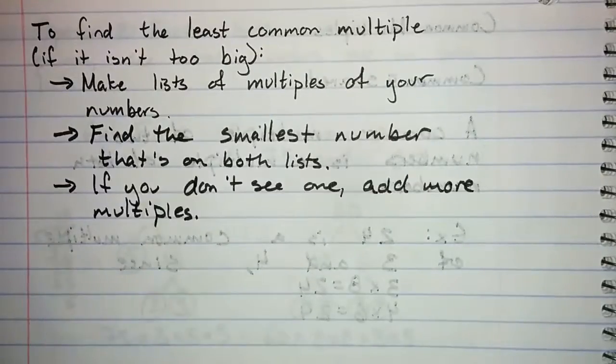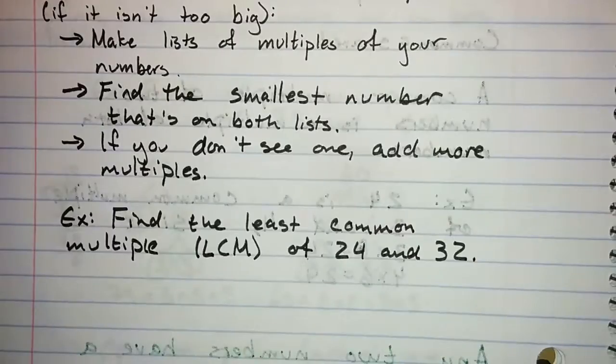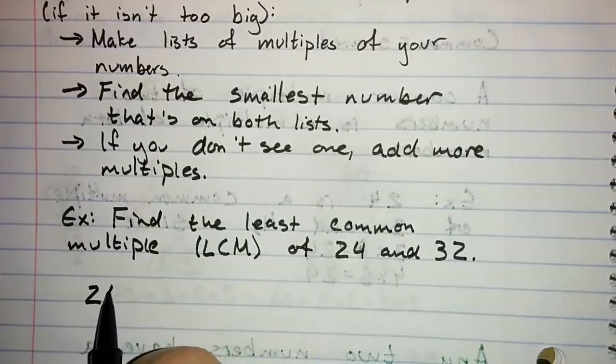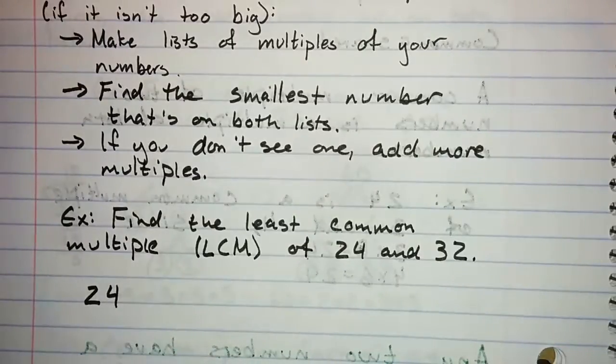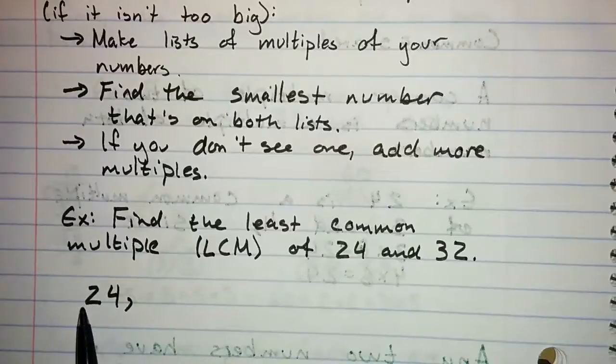Right, so let's think again about 24 and 32. Let's say we want to find the least common multiple of 24 and 32. Well, the multiples of 24: 24 times 1 is 24, of course. And I can't forget that one because sometimes it's going to work. Then to get 24 times 2, I just need to add 24 to this.